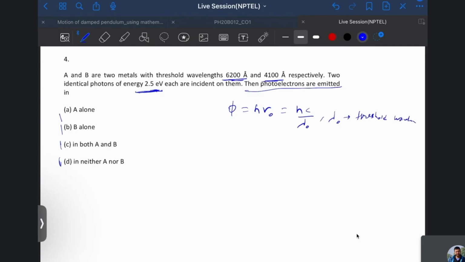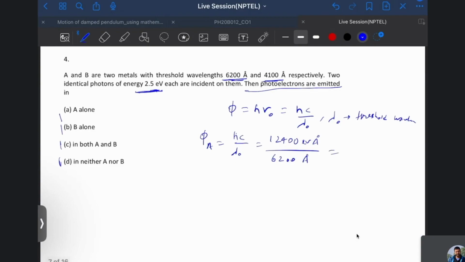So let's calculate the work function for A first. hc by lambda naught, hc is 1240 eV nanometer, but we have lambda here in angstrom, so just add one more zero, 12400 eV angstrom, divided by 6200 angstrom.